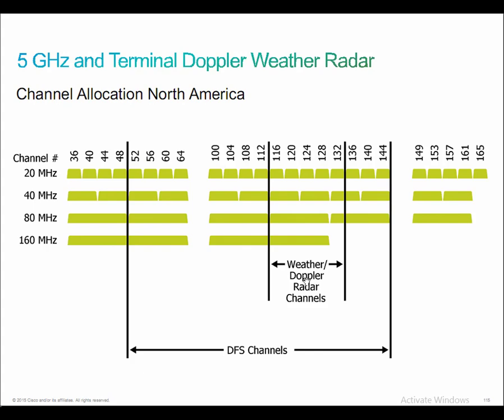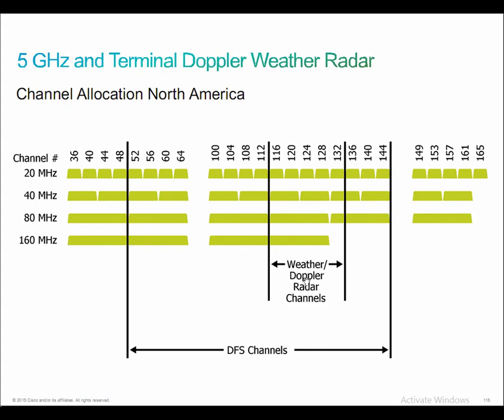If it detects a signal, the channel that's associated with that signal is then vacated or flagged as unavailable for use by the transmitter. This is a requirement. You have to have this capability built in because radar and marine radio and weather radio transmissions fall within the spectrum.